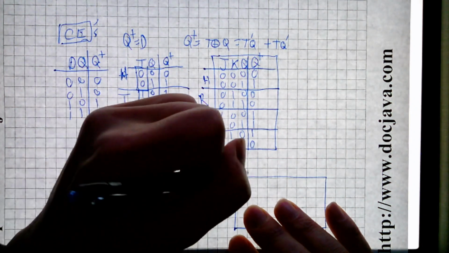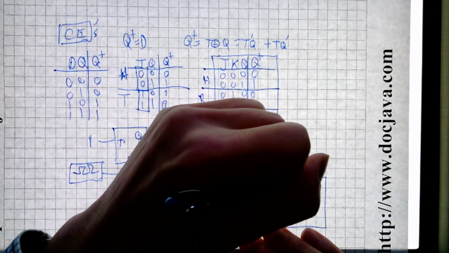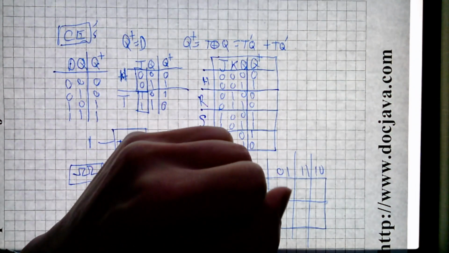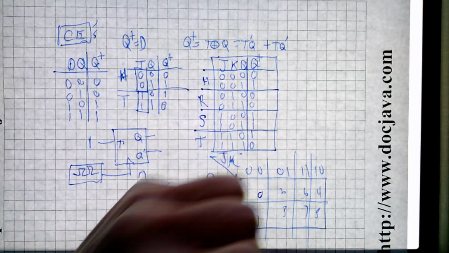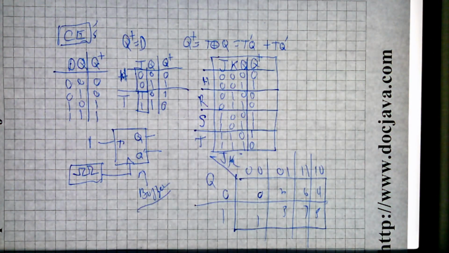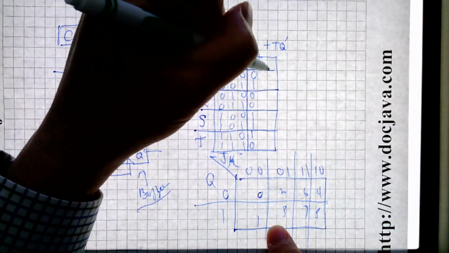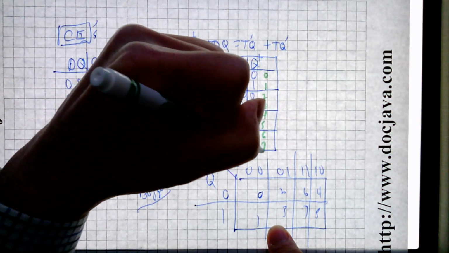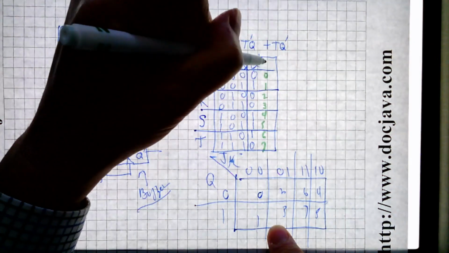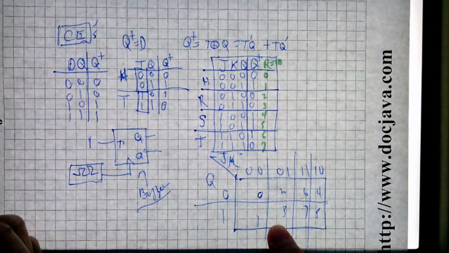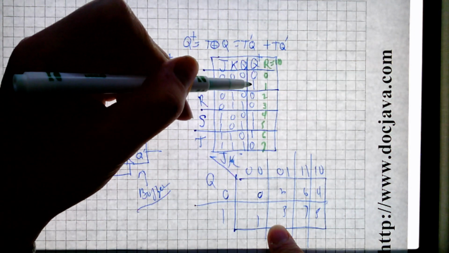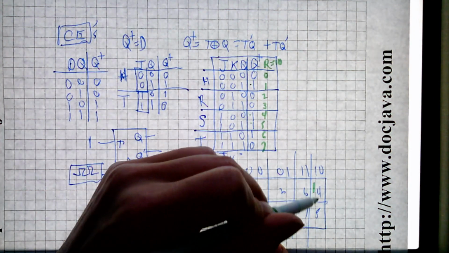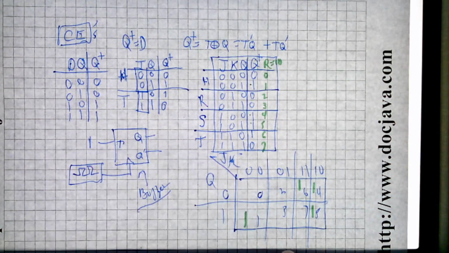JK and Q, 00 01 11 10. And then I'm going to number my truth table. This is my radix equal 10 column. And I have 1, 4, 5, and 6. And all the rest are 0.